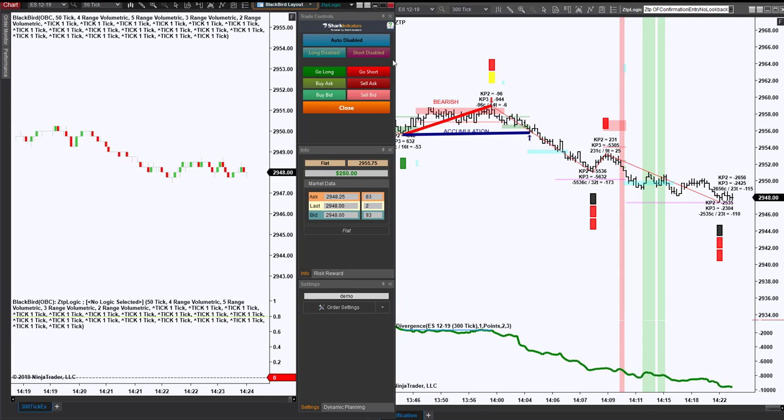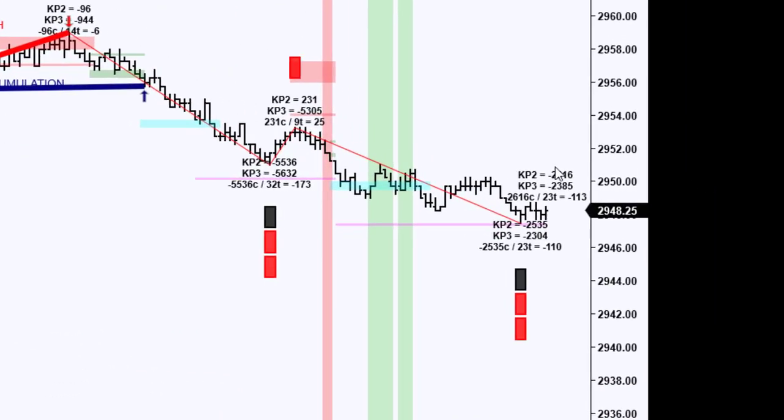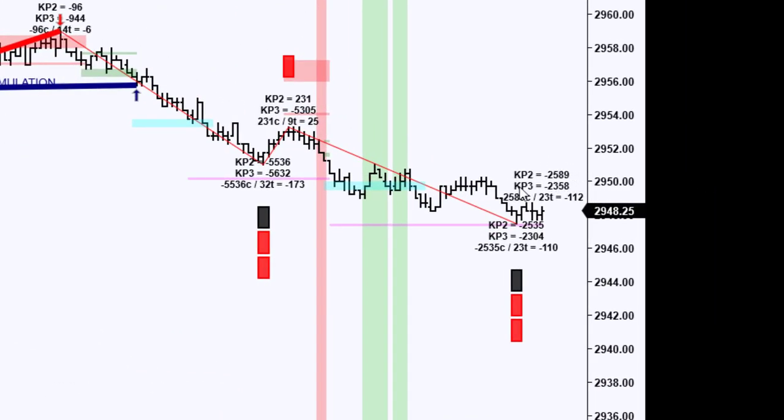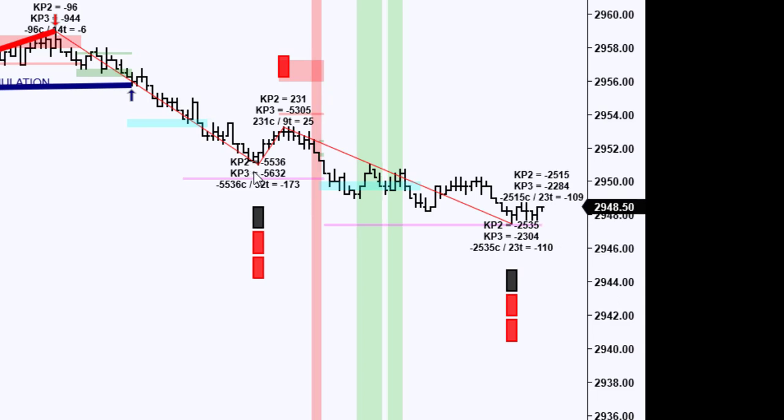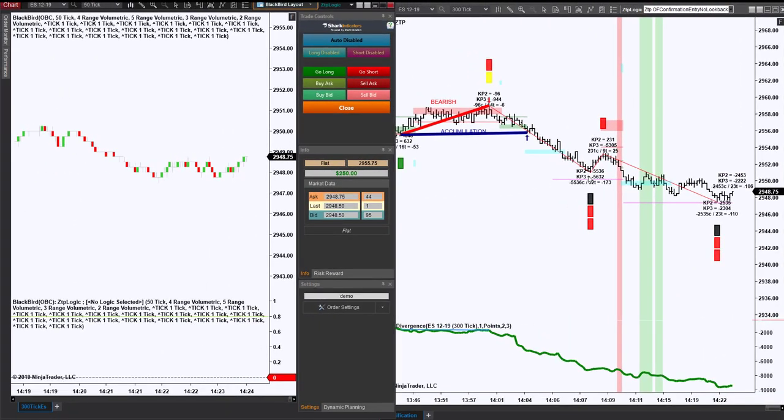We can see in real time how the KP2 and KP3 numbers have given us significant selling. We're going to have our little pullback right here into the minor zone and wait for our classification.